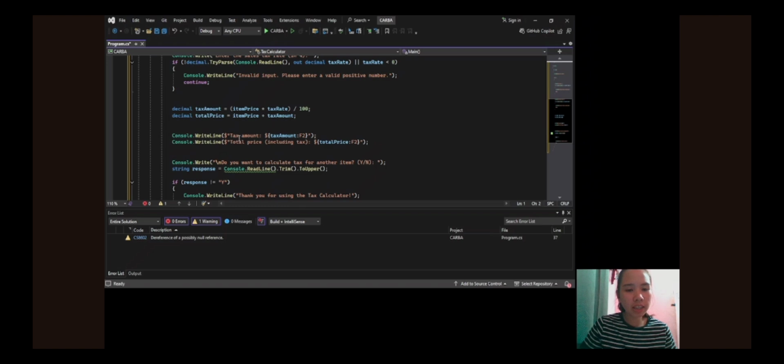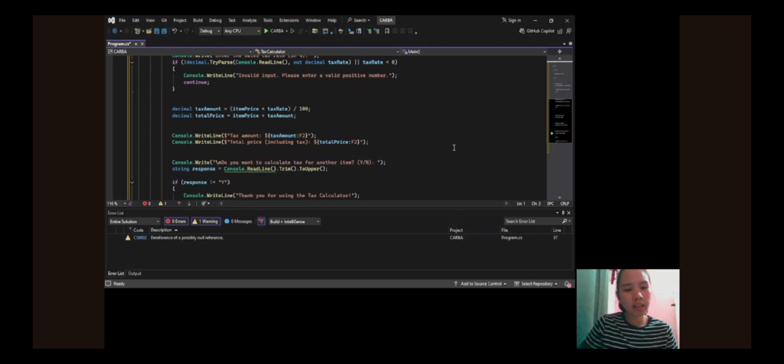So Console.WriteLine, Tax amount, dollar, taxAmount, colon 2. This prints the tax amount formatted to 2 decimal places, like 8.50. It only allows two decimal places.